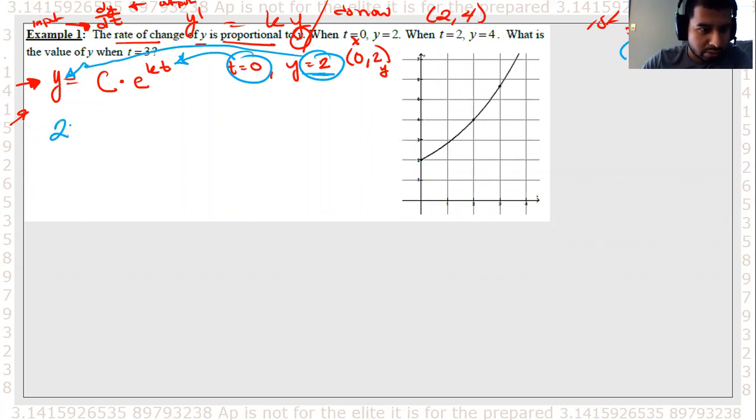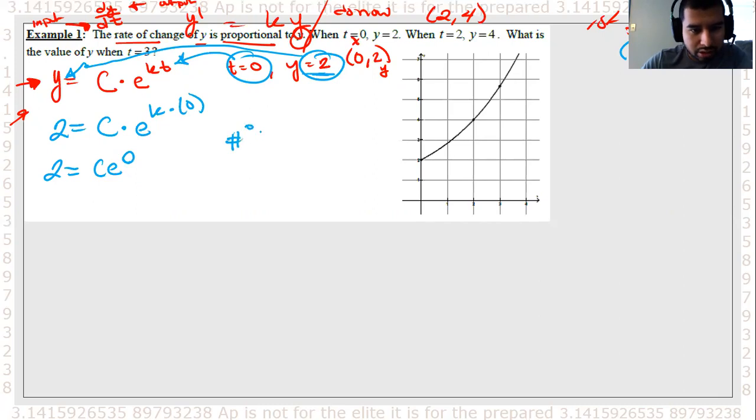So I got 2 equals C times e to the k times t, which is 0. Easy peasy, 2 equals C e to the k times 0, which is just 0. And any number to the 0 is equal to 1, right?